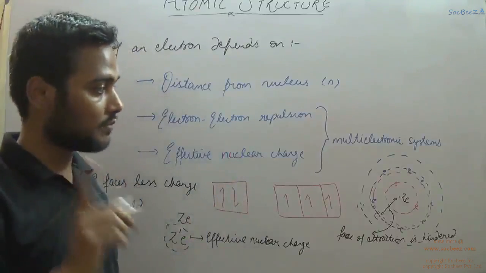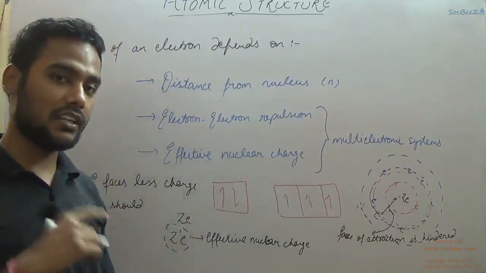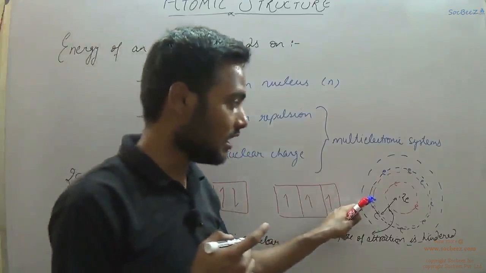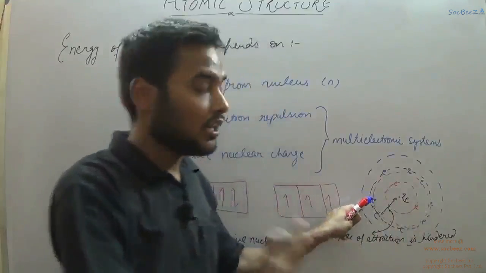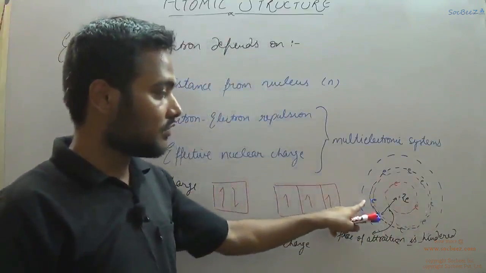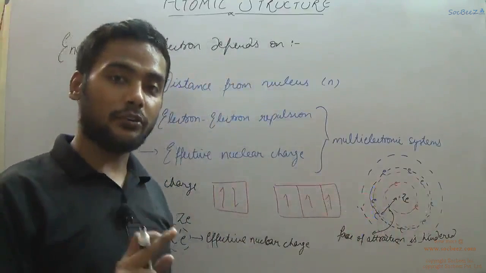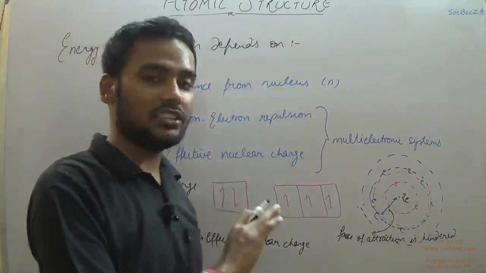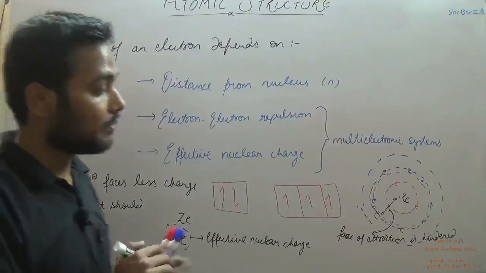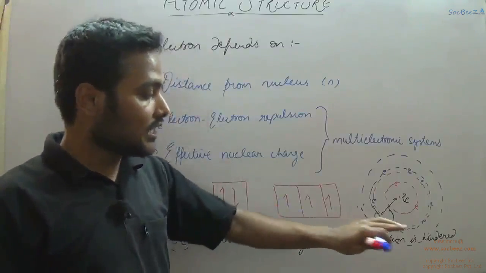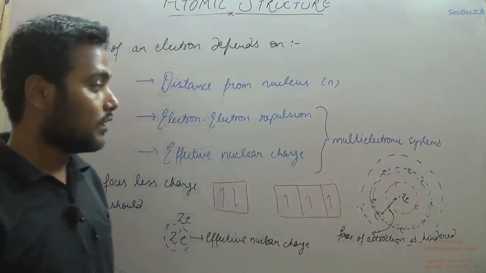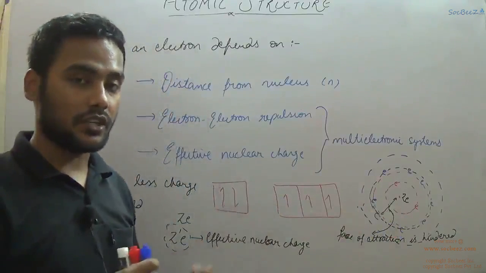But in case of hydrogen, remember, even if the hydrogen is in excited state, that is in 3s state, there is no electron inside and hence the energy is not hindered. Therefore, the energy of all the orbitals in case of hydrogen is same. All the orbitals are degenerate in case of hydrogen atom, but in multi-electronic species such as lithium, beryllium, oxygen, the case is not the same. Therefore, the orbitals are not degenerate.